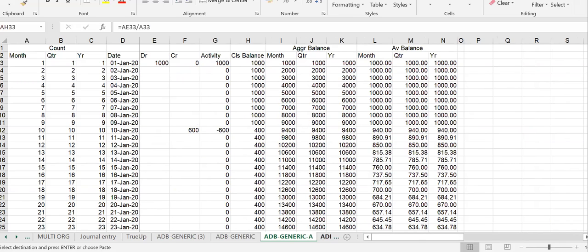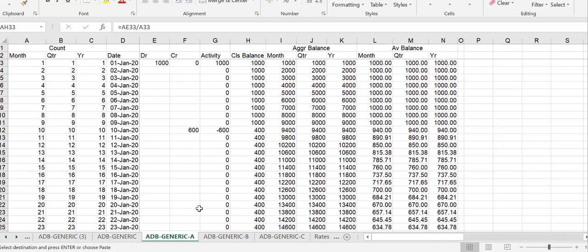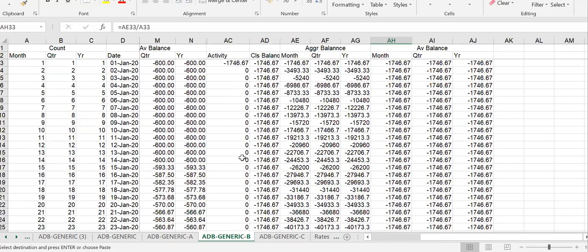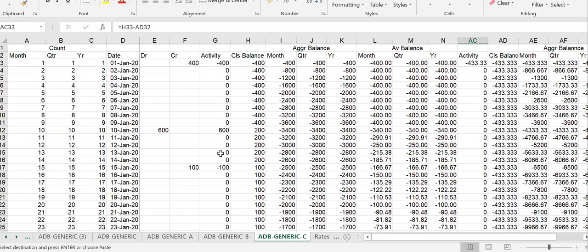I'm taking an example of three accounts: account A, account B, account C. Assume there are three accounts in the source system, and all are new accounts. On day one, account A was debited by 1,000. Account B was credited by 600, and account C was credited by 400.